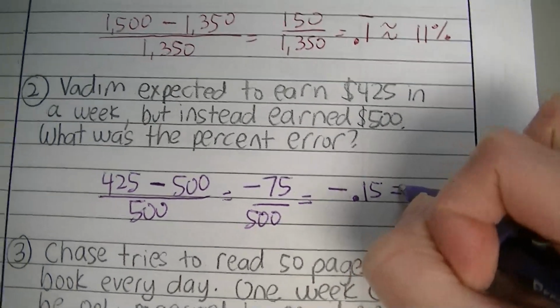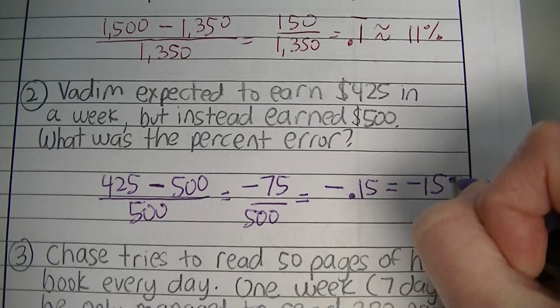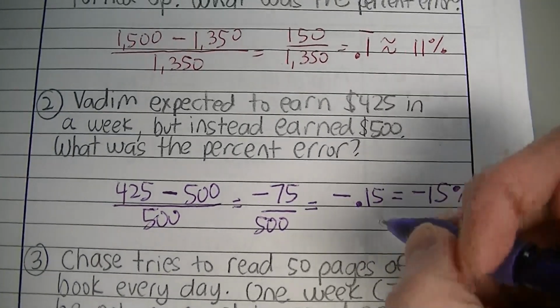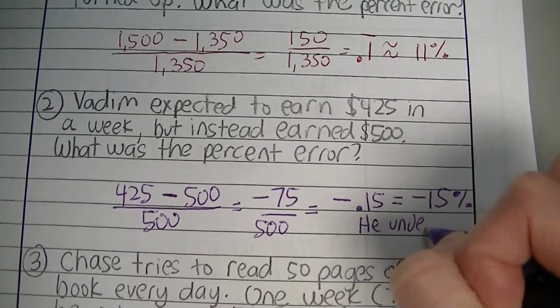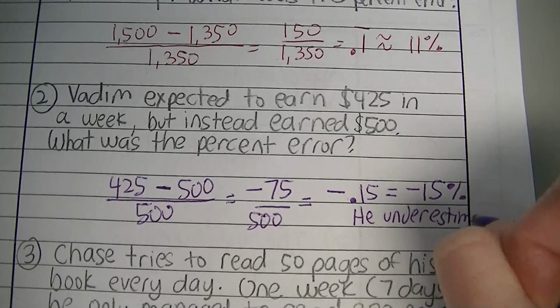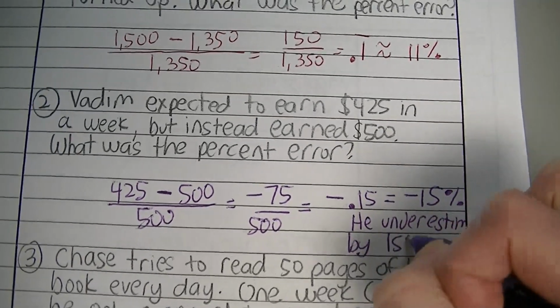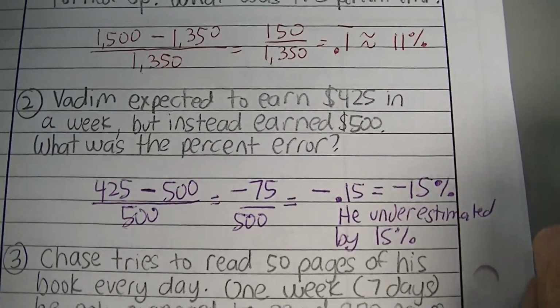And convert that decimal into a percentage. So it's negative 15%, and that's the underestimate. He underestimated by 15%, and it's an underestimate because of that negative sign right there, okay?